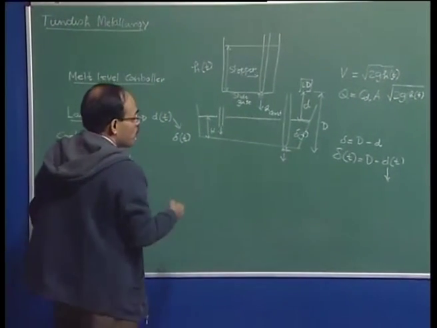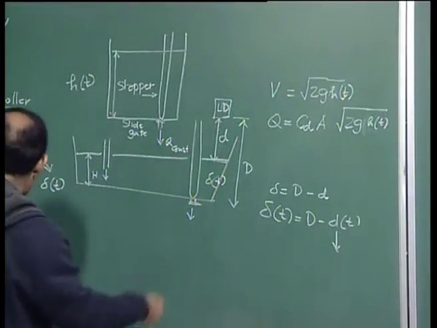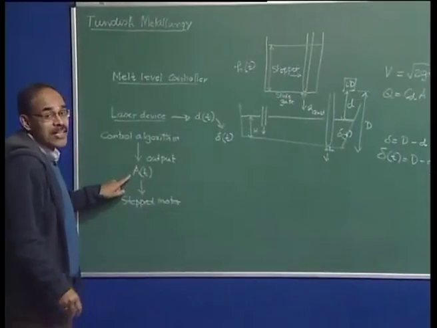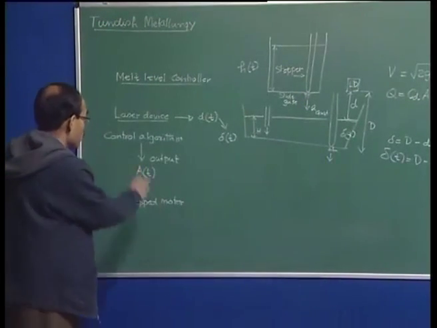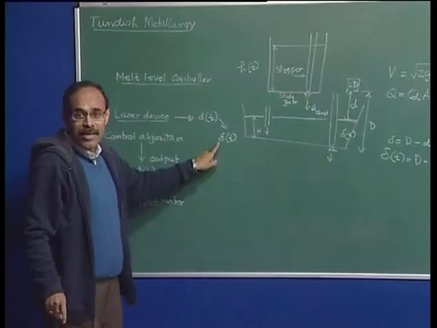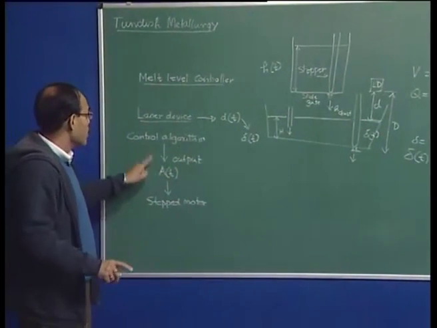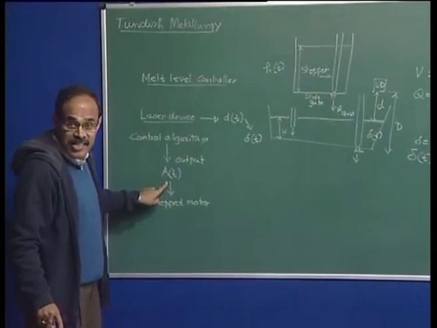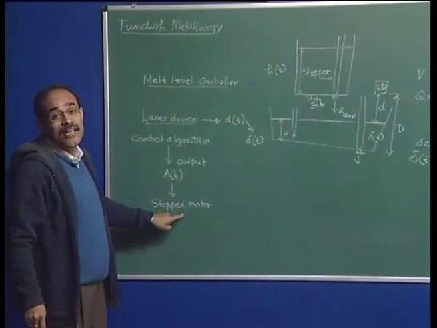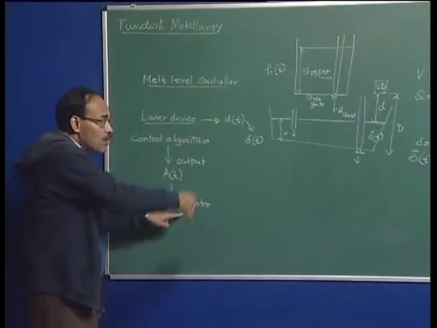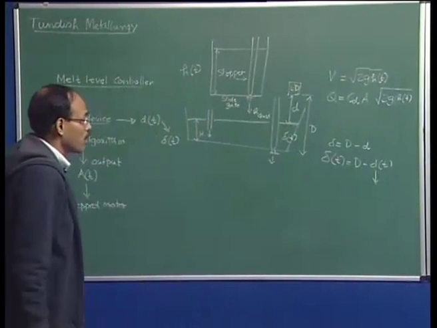So, the step motor can then adjust the nozzle diameter in accordance with the desired response produced on the basis of the control algorithm. So, the laser device will give me the bath depth. The bath depth is going to be fed into a control algorithm. For a given flow rate, the control algorithm will yield the necessary area, and then that particular area will be created by using a step motor, and it is in this particular way that we can maintain a constant bath depth for a given flow rate.